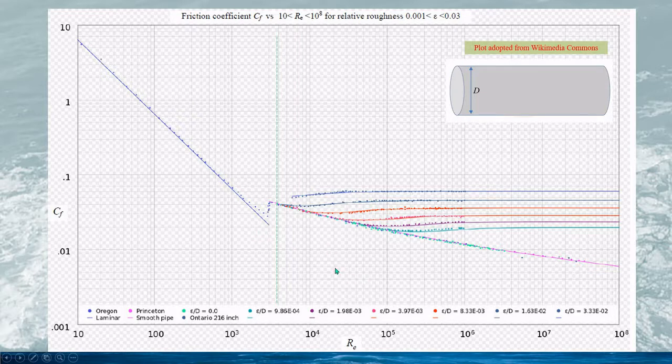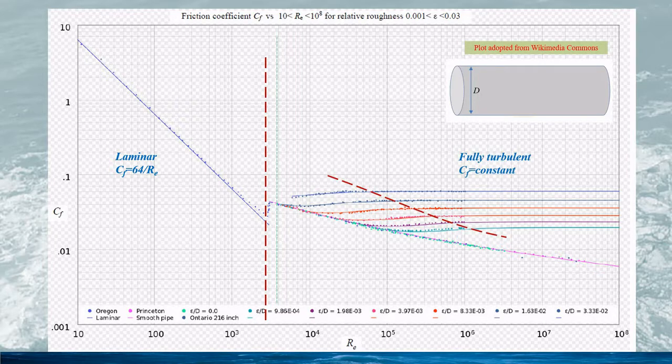From the plot, for the flow in a pipe, there are 3 types of flow. When the Reynolds number is less than 2,300, the flow is generally laminar, and the friction coefficient is given by 64 divided by the Reynolds number, and the pipe roughness has no effect on the friction coefficient.